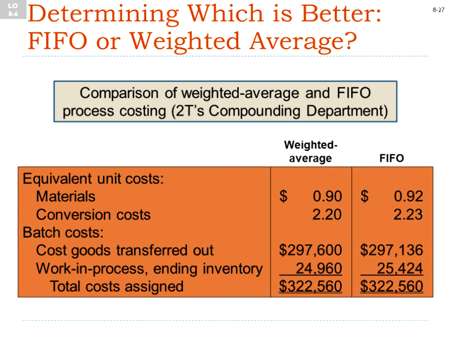Now, the total cost at the end of the day is going to be the same, but it's the intermediate time, the intermediary period, that's going to have a different effect. So remember, cost of goods transferred out is going to finished goods, and then work in process ending inventory stays in work in process.